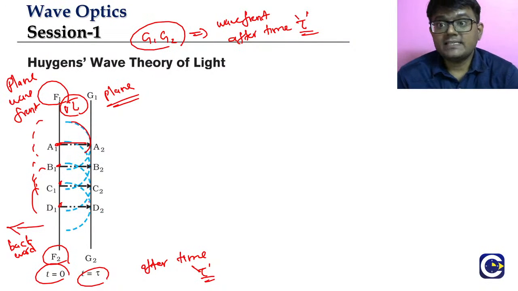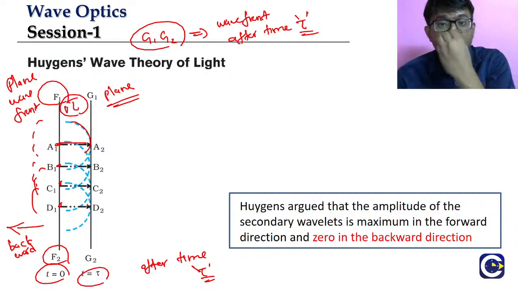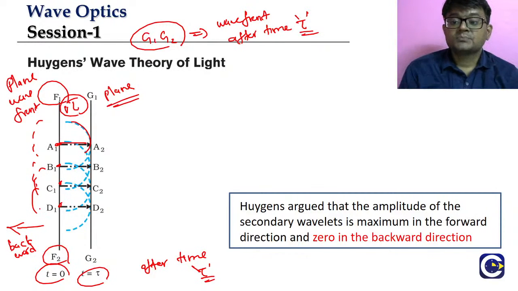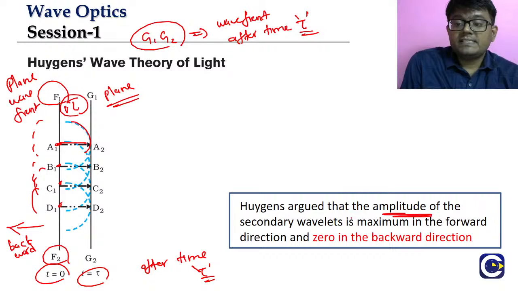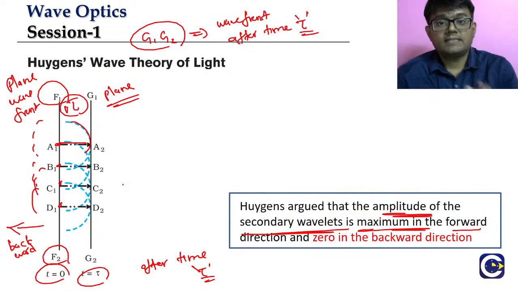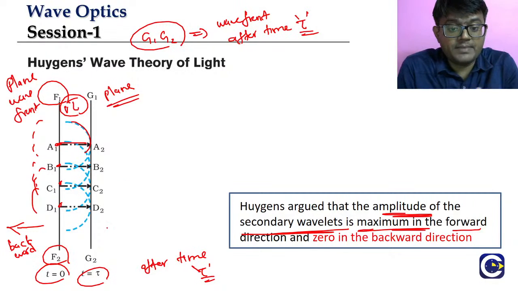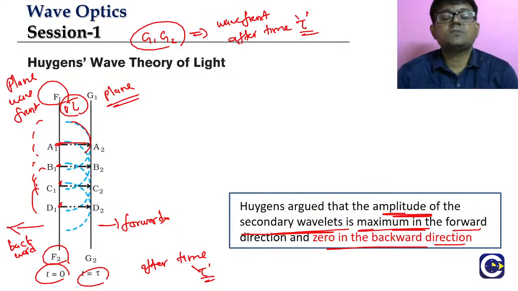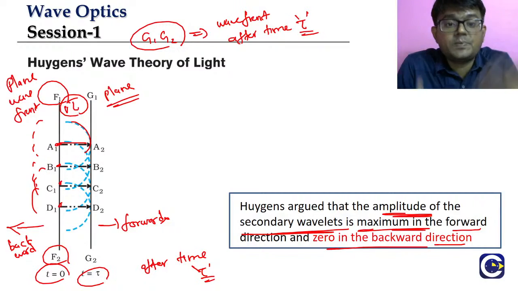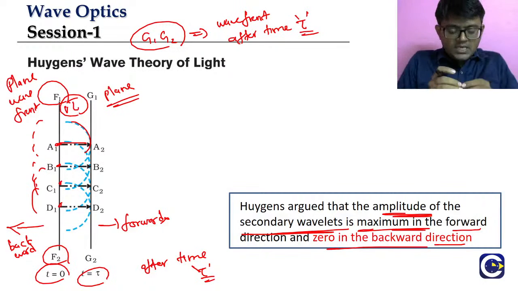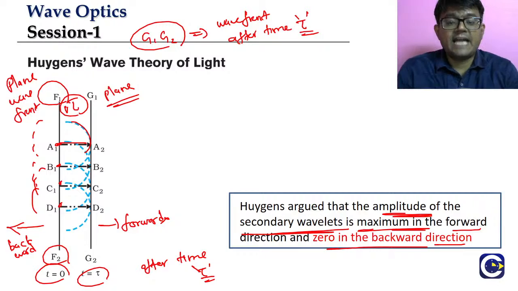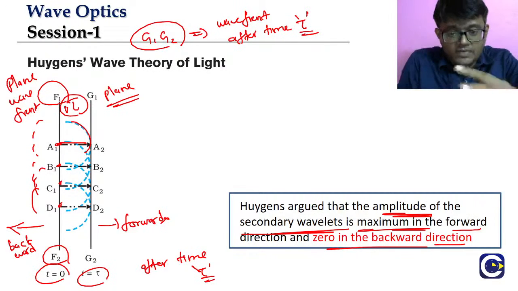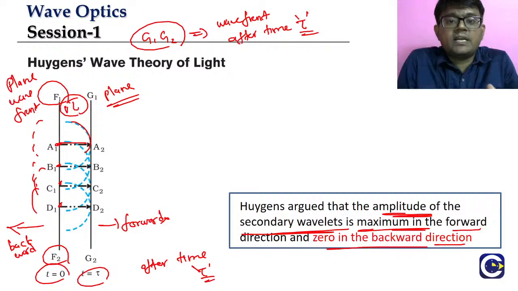But what Huygens proposed as a part of his postulates is that the amplitude of these secondary wavelets will be maximum in the forward direction, and it will be zero in the backward direction. So this is where he was not able to clearly give an explanation. When you say that each of these points on the wavefront can act as a secondary source, they will also be able to spread the wave in all different directions, right?